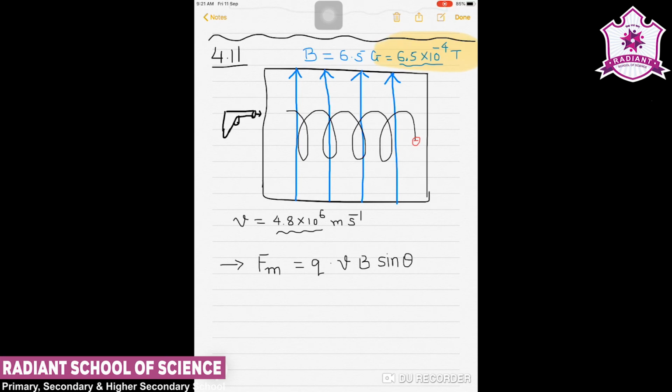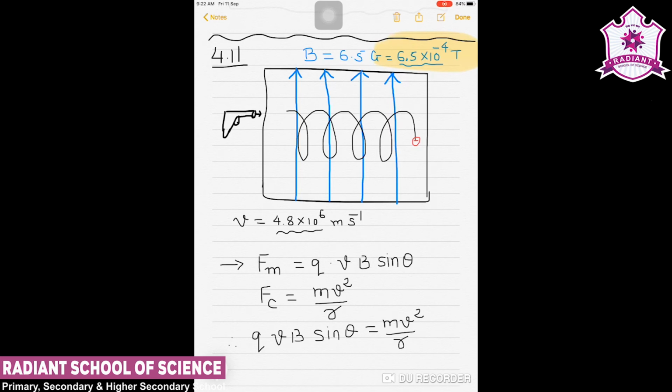This can be compared with the circular motion. If we compare it with circular motion, the force is again mv squared over r. We are asked to find the radius, so we can compare these two forces. We can say that qvB sin theta is equal to mv squared over r.